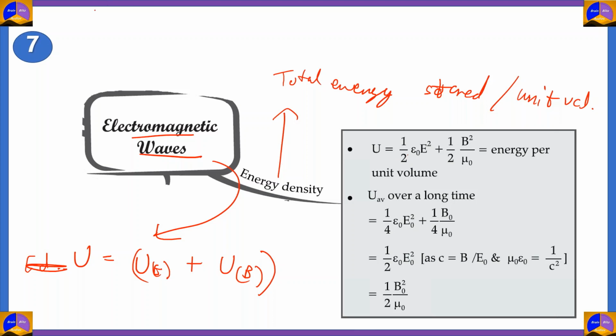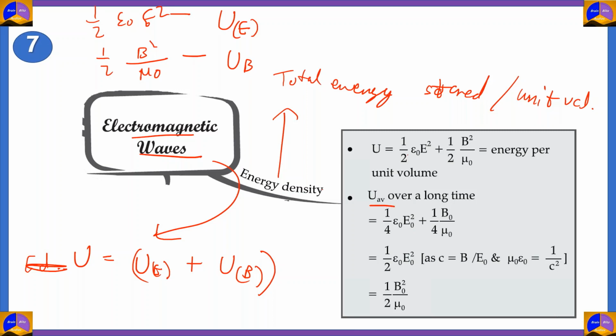So half epsilon naught E square would represent UE, and half B square by mu naught would represent UB.